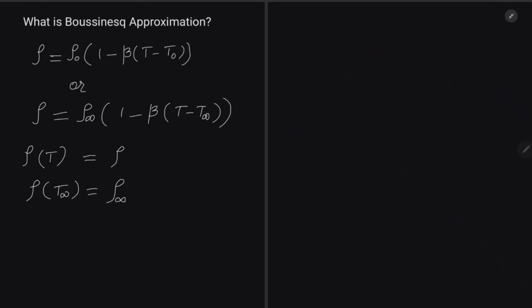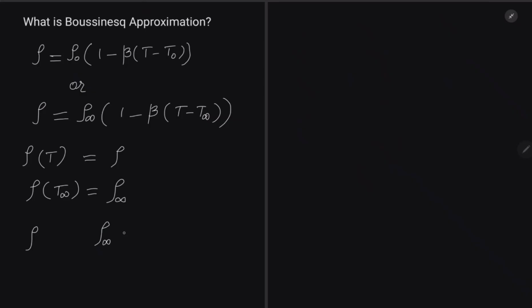Now by Taylor's theorem, if you have a density somewhere, for example rho infinity, and you want to find the density of the fluid, you can do it by taking a Taylor series. So we apply a first order Taylor series expansion over here.